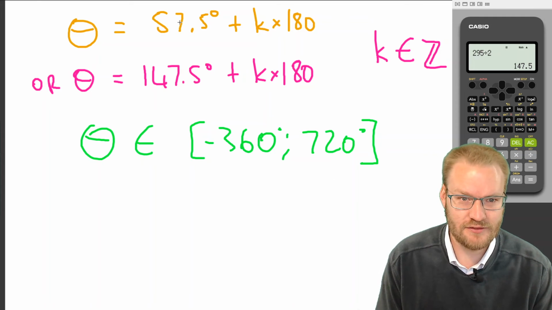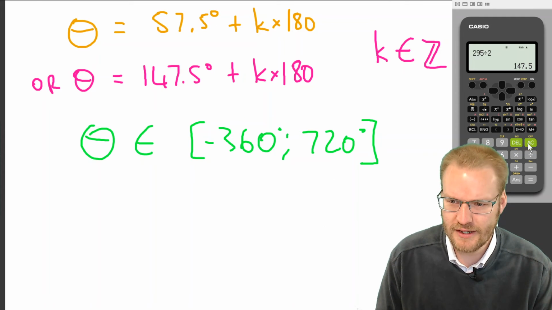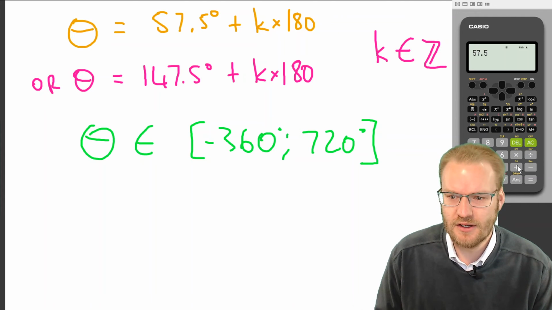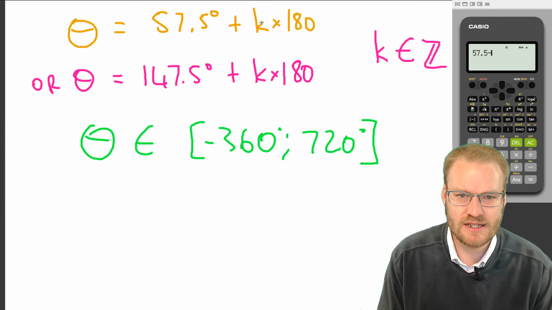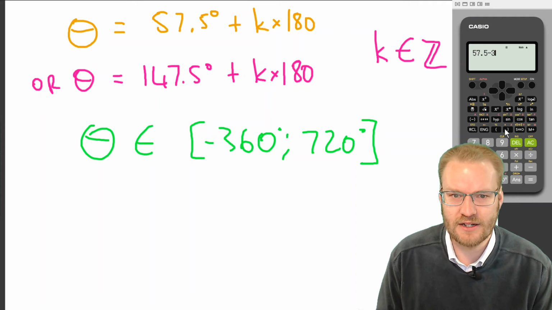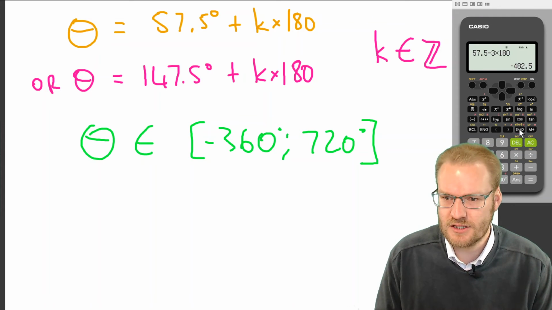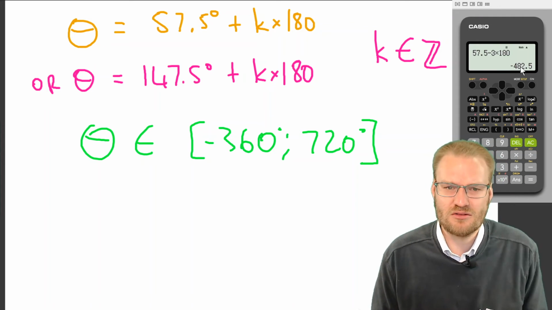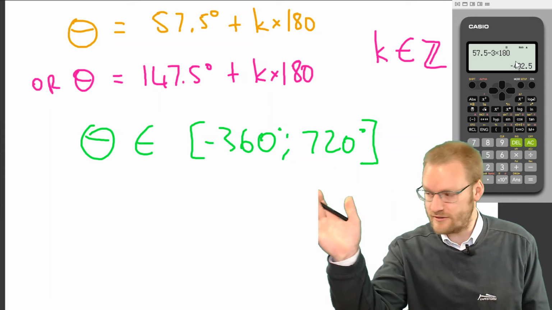So let's start with our 57,5. Let's try and get the smallest value we can. So let's say that K were minus 3 times 180, so minus 482. That's too big on the negative, right?